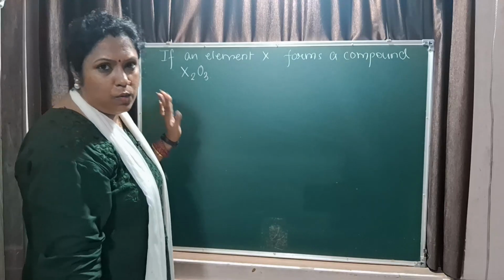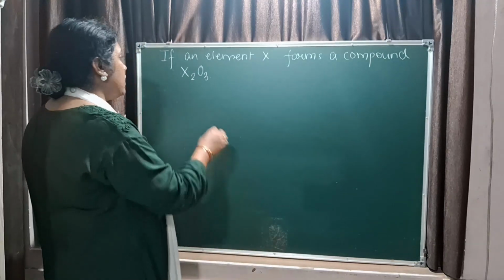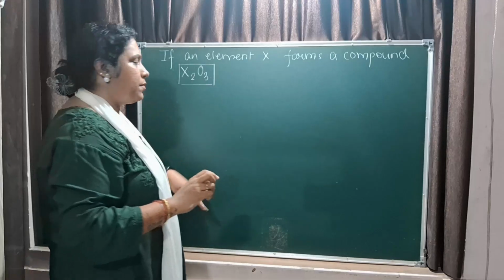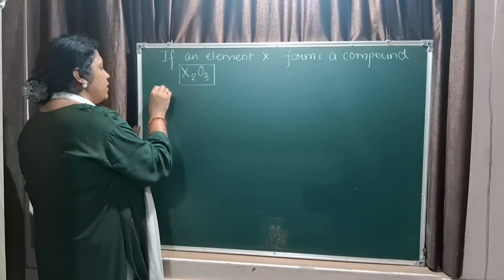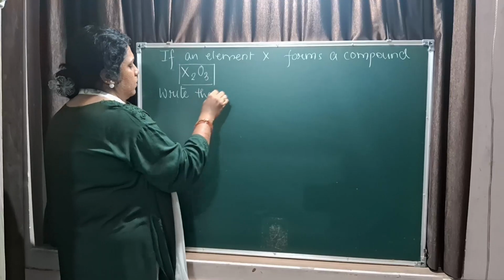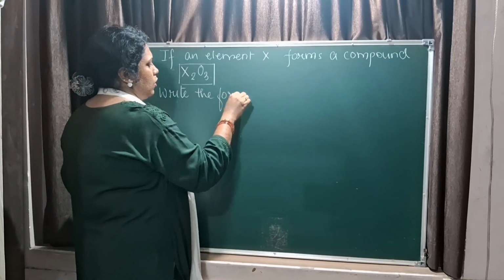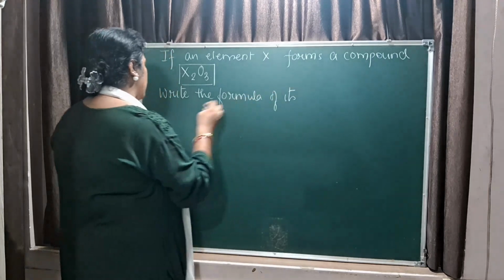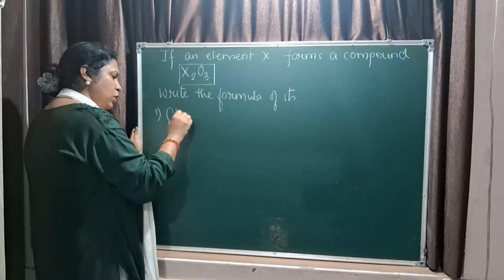Okay, I don't want what is X. I just want you to understand how the valency and formula have come. You have to write the formula of its chloride.